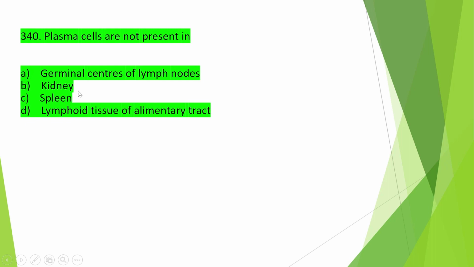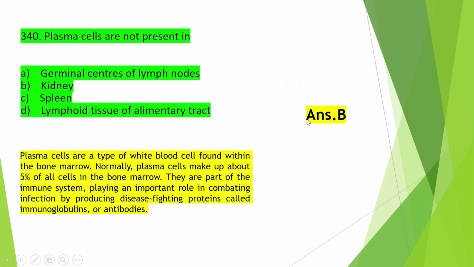Okay, so move on to the next question, that is, plasma cells are not present in germinal center of lymph nodes, kidney, spleen, or lymphoid tissue of alimentary tract, and the right answer is option B, that is kidney. So plasma cells are not present in kidney. Okay, and this plasma cell are a type of white blood cell found within the bone marrow.